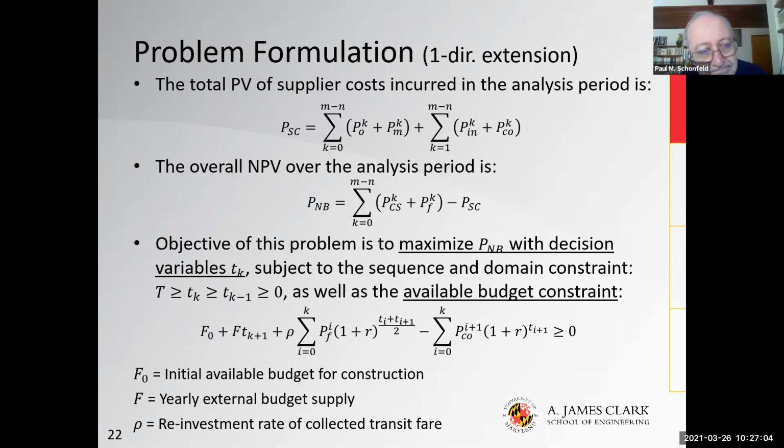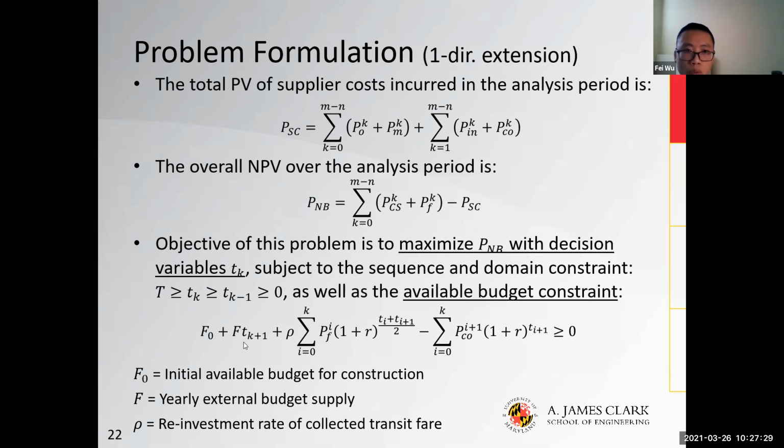So here is how we compute the total present value of supplier costs and also the overall net present value for the line. For determining the completion times, we are using the following constraints for available budget.